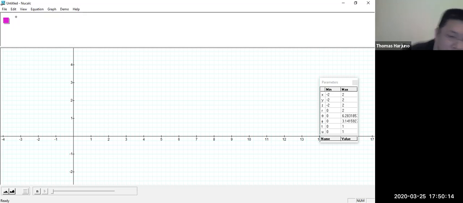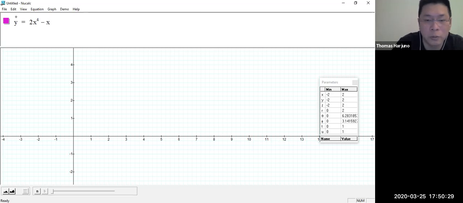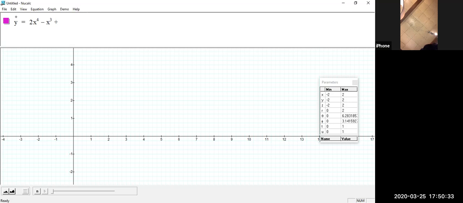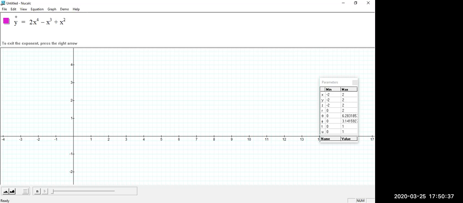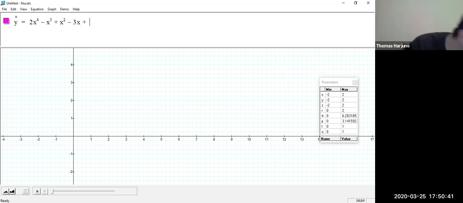Oh, okay. So y equals 2x to the 4th minus x cubed plus x squared minus 3x plus 4.